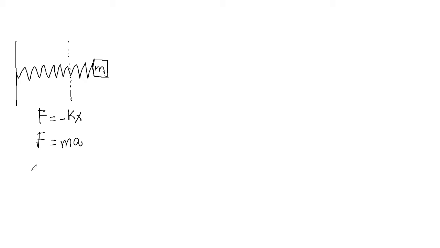With this, we can relate this: ma is equal to negative kx, and a is equal to negative k over m times x. Therefore, we can conclude that a, acceleration, is indeed directly proportional to the negative of displacement.